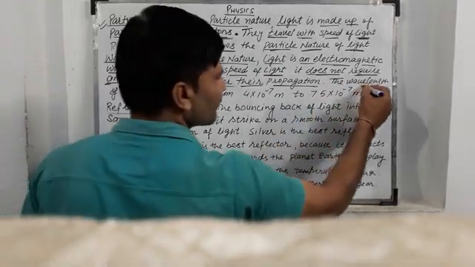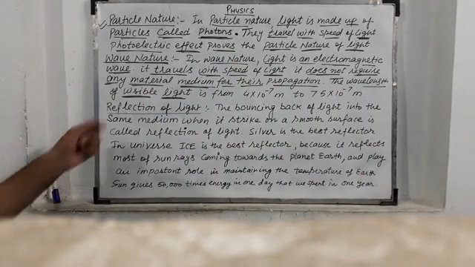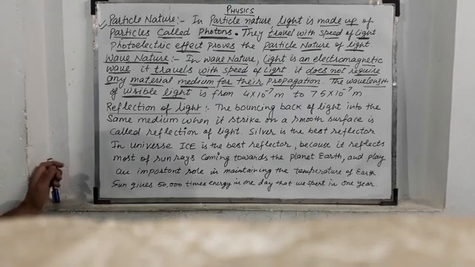Now, the wavelength of visible light. Here we are taking only visible light because waves are of different types. There are 7 waves: radio waves, microwaves, infrared waves, visible part, ultraviolet, X-rays and gamma rays. All these are waves of different wavelength.